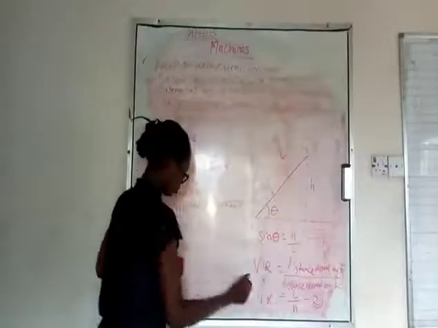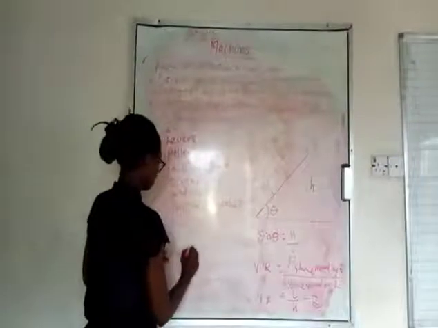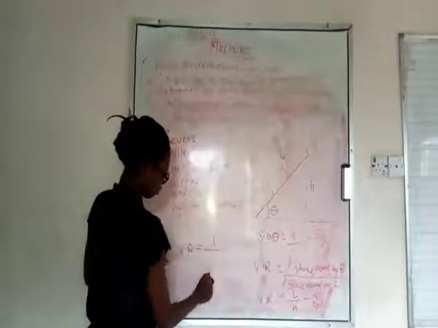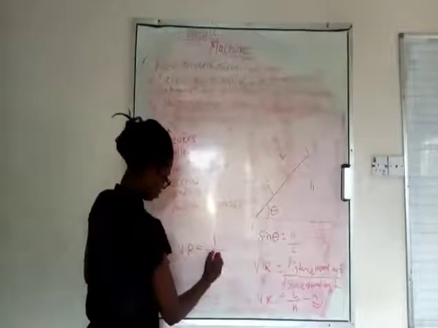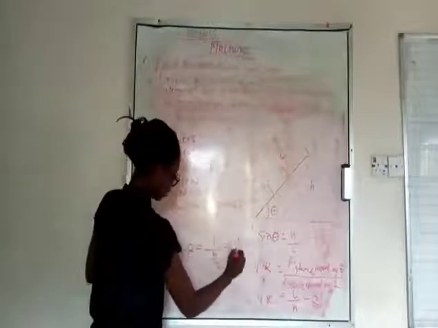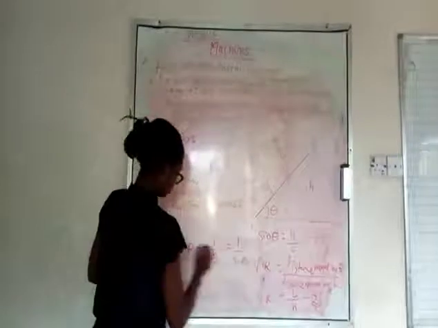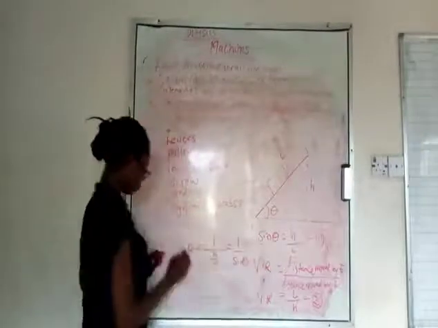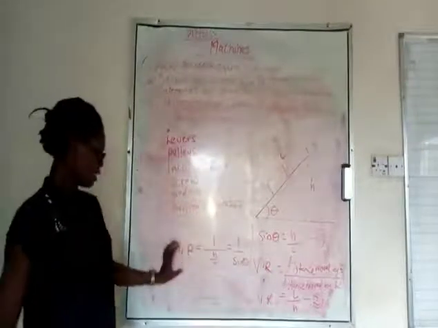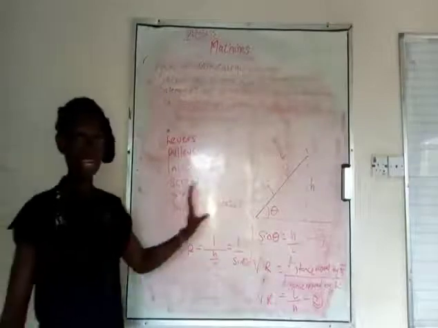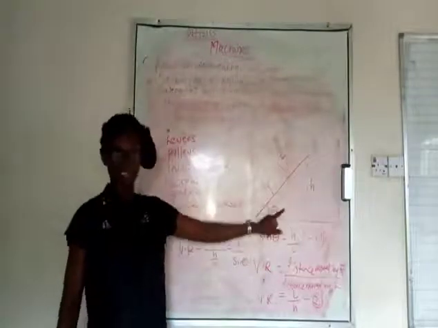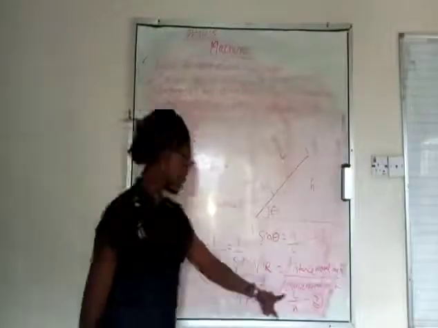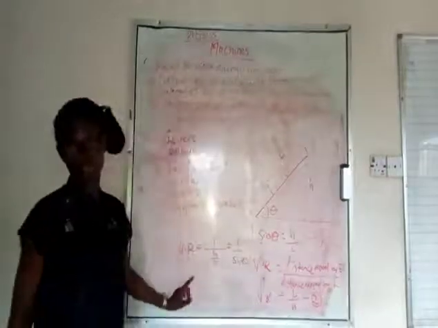So you can say that your VR is equal to 1 all over H over L, which is the same thing as your 1 over sine theta. So for you to find the velocity ratio of an inclined plane, you use 1 over sine theta if you're given the angle. If you're not given the angle, it's L over H. Are we together?